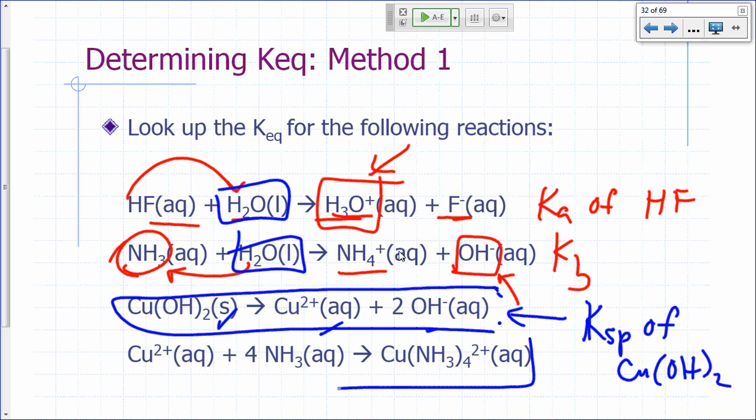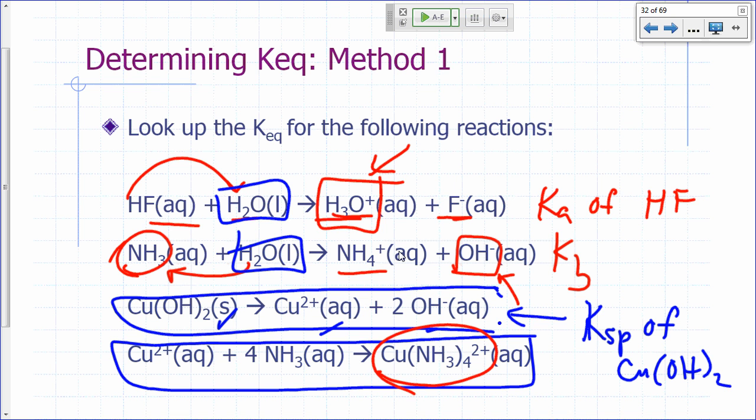How about this last one? What would you be looking at? What do you call this thing right here? A complex ion. So if you're dealing with the formation of a complex ion, what equilibrium constant would you be looking for?